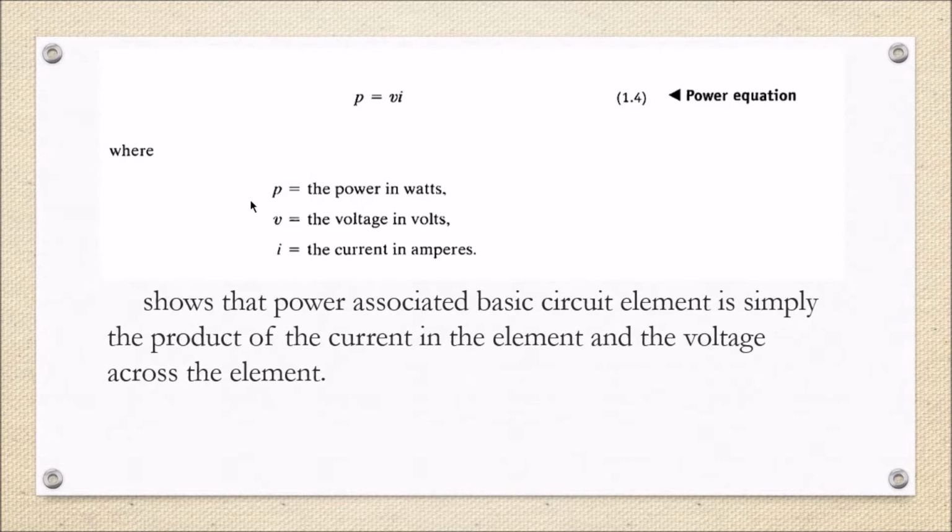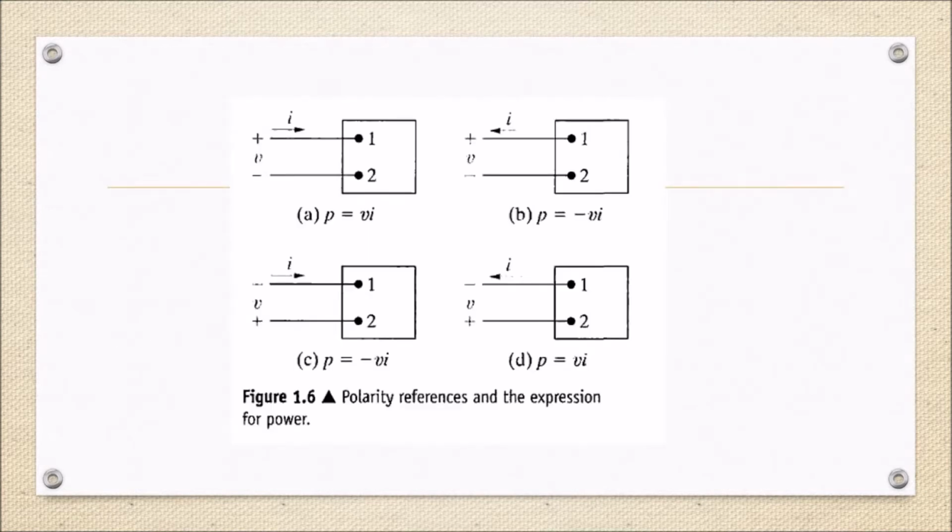This formula shows that the power associated with a basic circuit element is simply the product of the current in the element and the voltage across the element. This shows that we can relate power and energy to voltage and current. That's it.